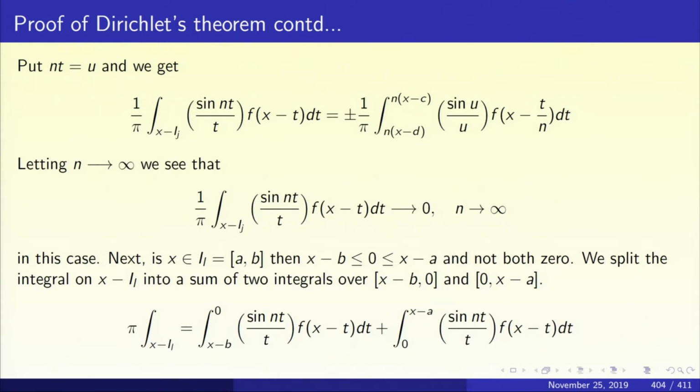So I multiplied the whole thing by pi just to avoid these fractions. Pi times the integral over x minus Il turns out to be the integral from x minus b to 0 of sin nt by t f of x minus t dt plus the integral from 0 to x minus a of sin nt by t f of x minus t dt. So now let us look at what happens to these integrals.